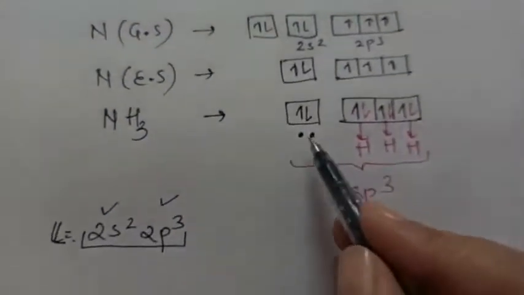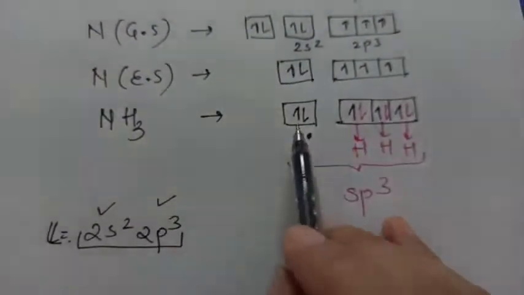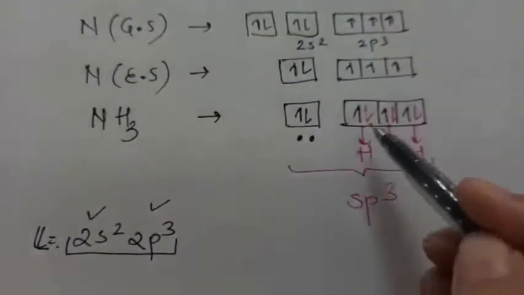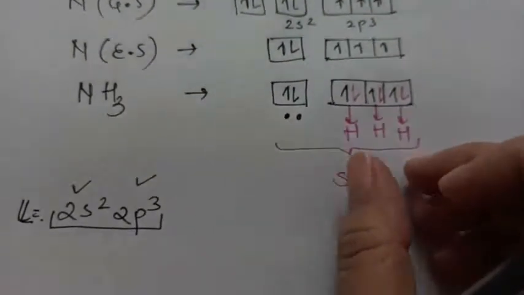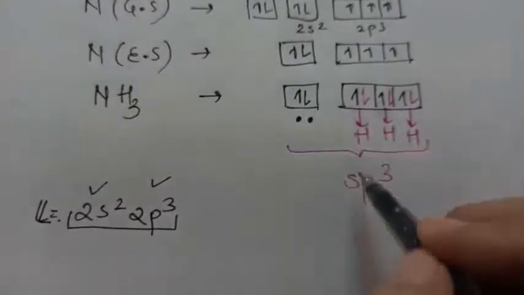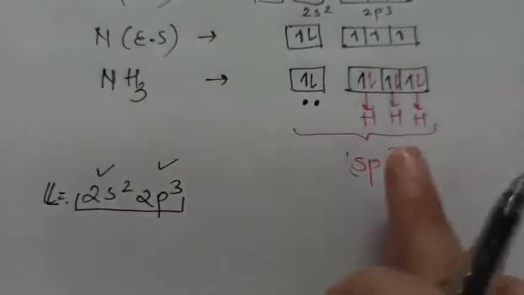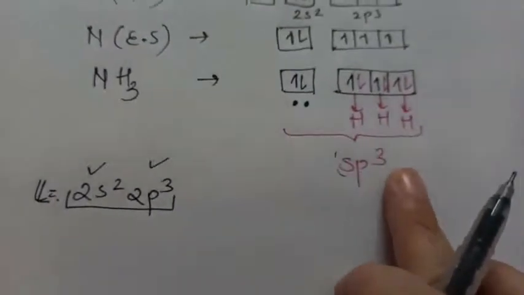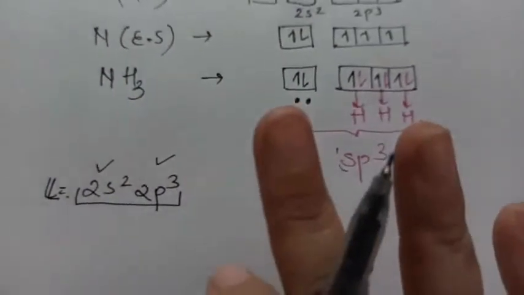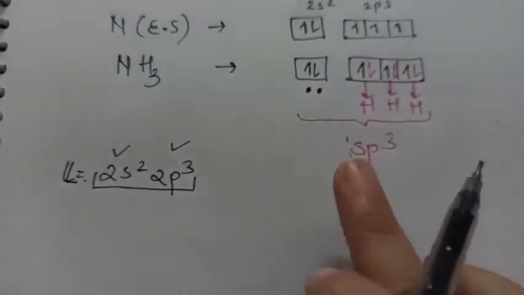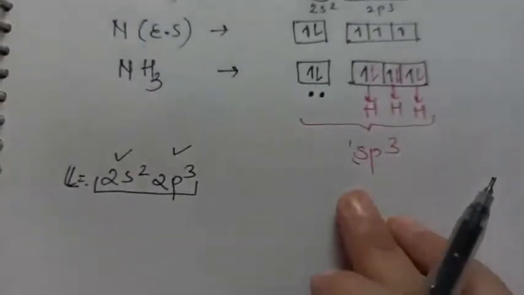So the electrons which do not make a bond, see, these electrons have not made any bond with hydrogen. Only these 3 black electrons have made the bond. So this orbital will be counted in hybridization because this is the part of the shell which is taking part in the hybridization. But these electrons are not making any bond. That is why lone pairs are also called non-bonded or unbonded pair of electrons.